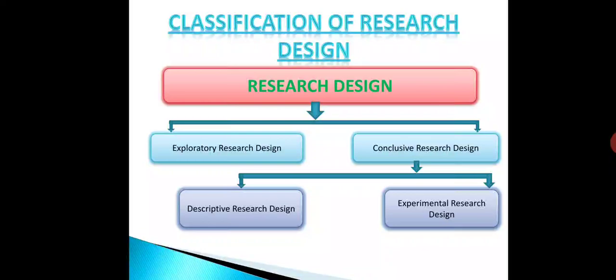Conclusive research is further subdivided into two parts, that is descriptive research design, which is our topic today, and experimental or causal research design. Experimental or causal research has the objective to develop a cause and effect relationship, and descriptive research design describes the characteristics of a phenomenon. So today we are going to study descriptive research design only.